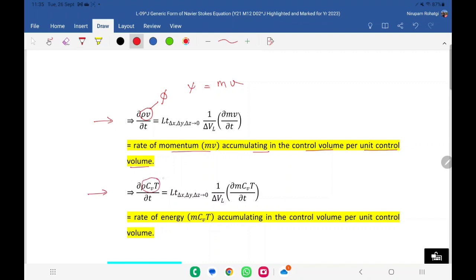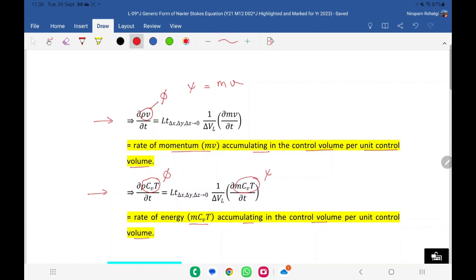Okay. Similarly, you can take this. If this is your phi, so this is your psi. So it is telling us what is the rate of energy accumulating in the control volume per unit volume of the control volume.